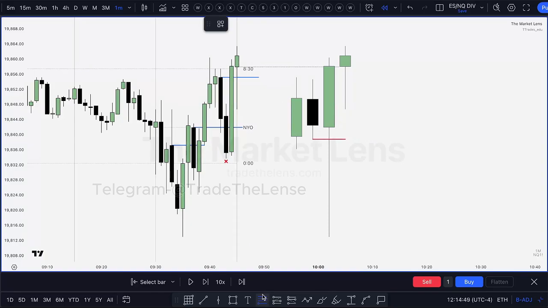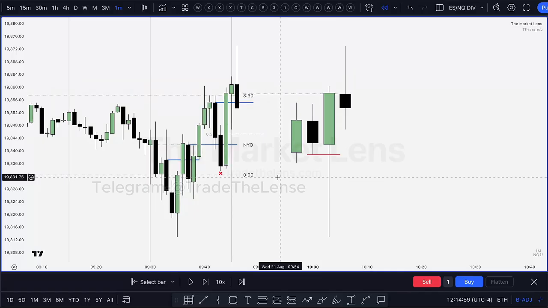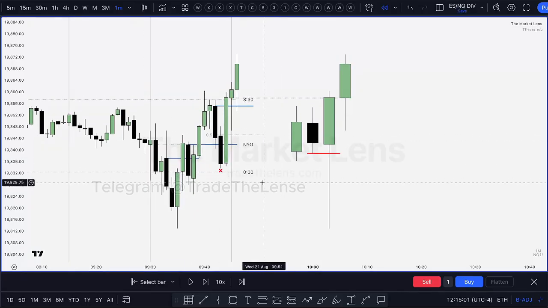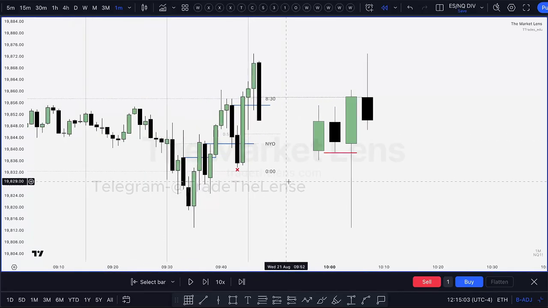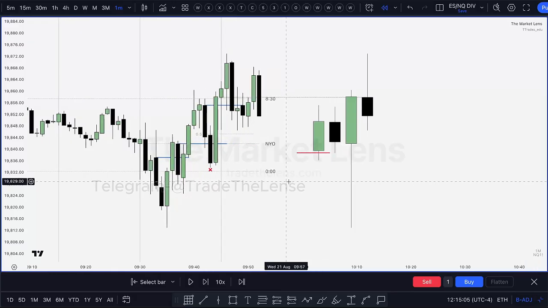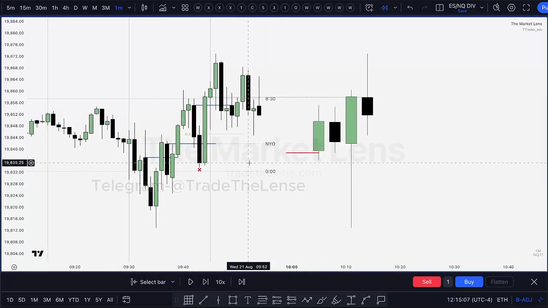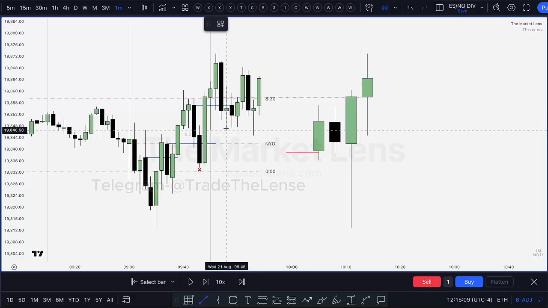And ideally, price is supported in the upper half of this order block here. Does that make sense? Let me adjust this so it stops moving around. And right there, we get that little sweep inside there. Any early longs wiped out.